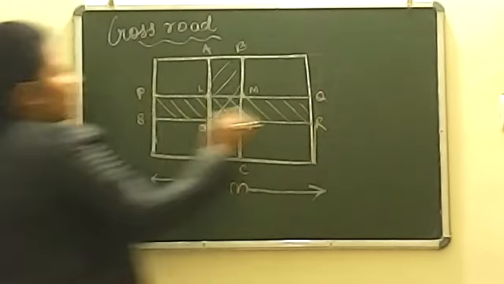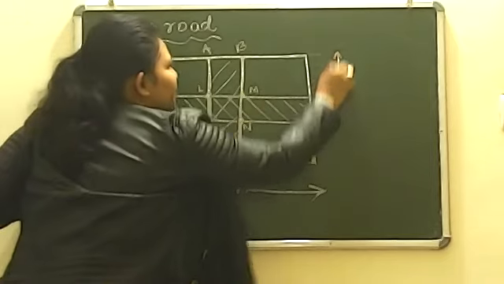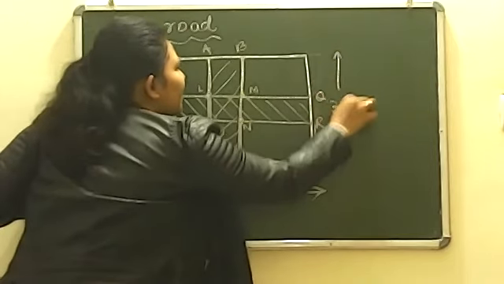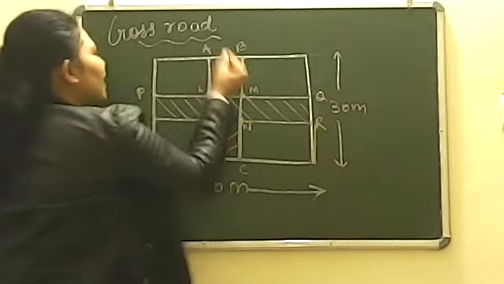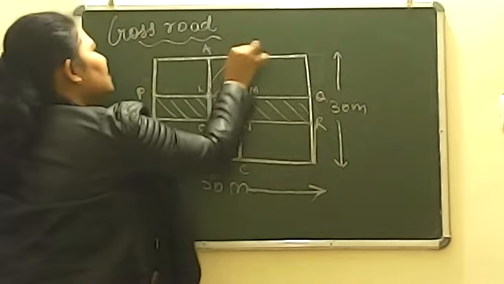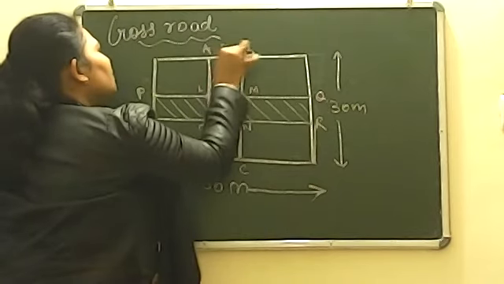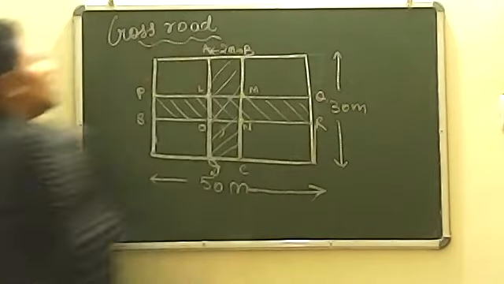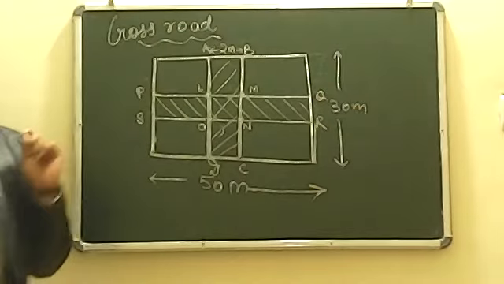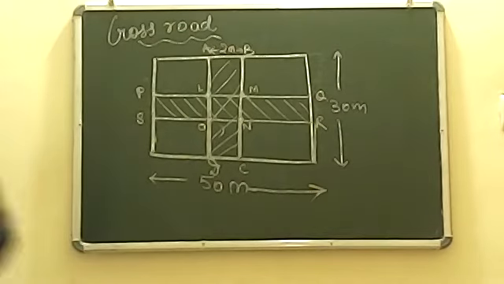Now please be alert on your chat box, all of you. This is 30 meter and this width is given as 2 meter. Now I am asking all of you, in rectangle ABCD, all of you stay focused on the diagram now.